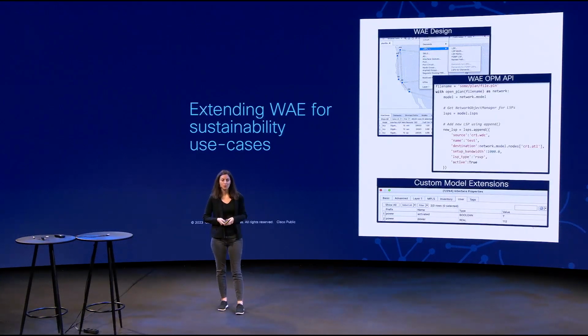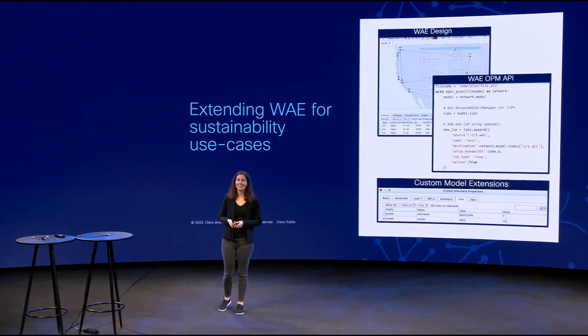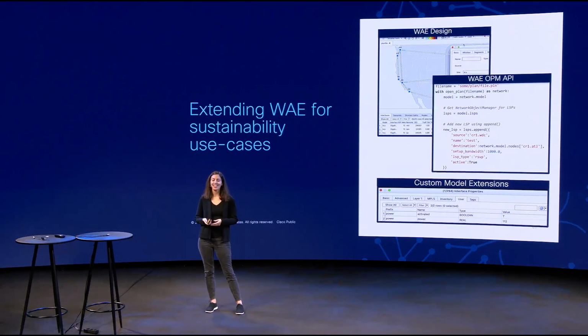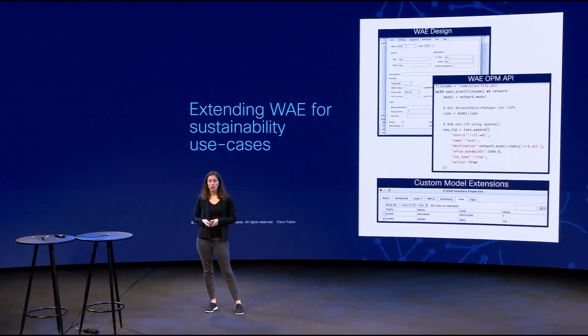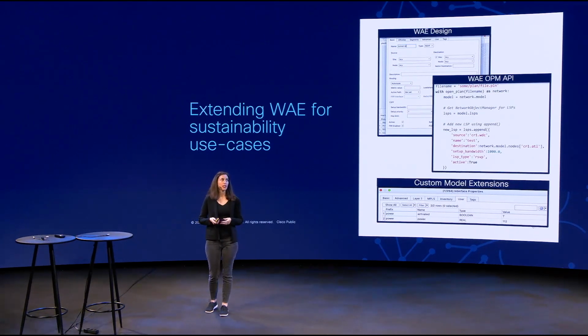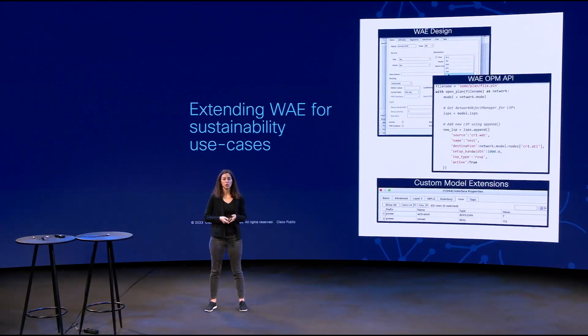So the beauty of WAE, in my eyes at least, is its extensibility. So at the top, you see how you can create a new LSP through the GUI. But you don't need to do it through the GUI. You could also write a script.